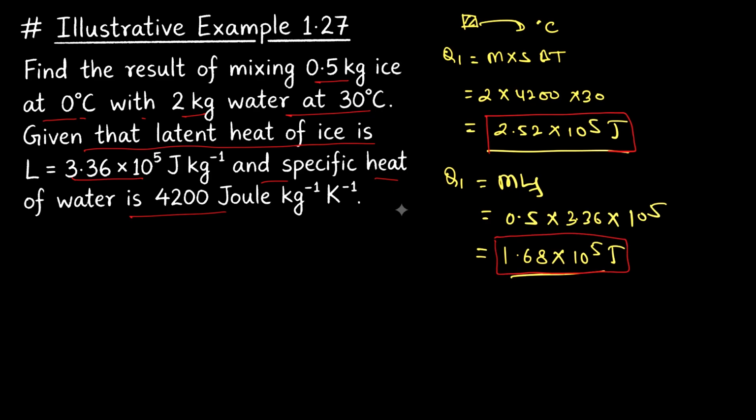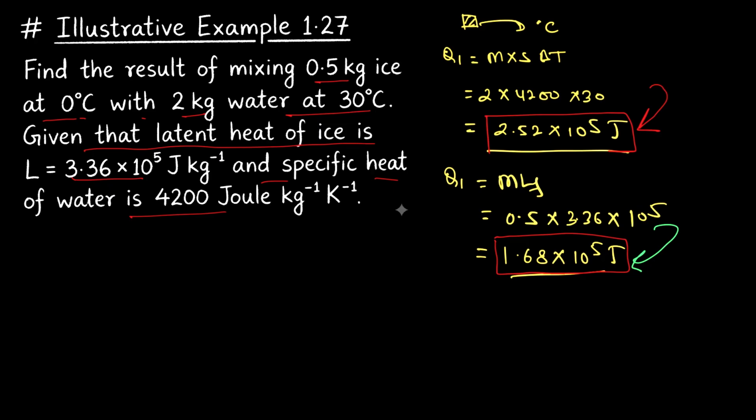So now complete ice will be melted, because the heat given by the water is this and the heat required for ice is this one. The heat required is less than this one. So in that case complete ice will melt.